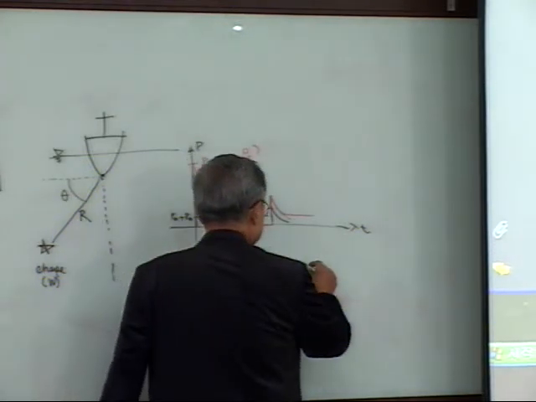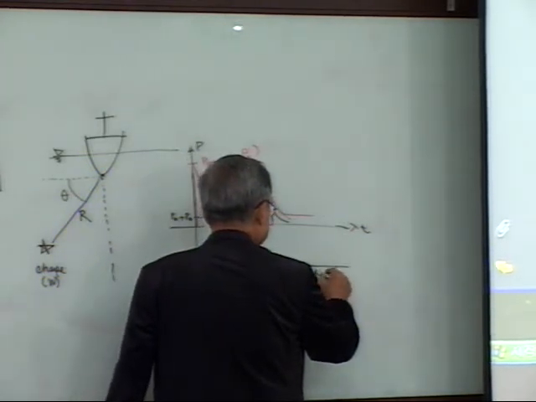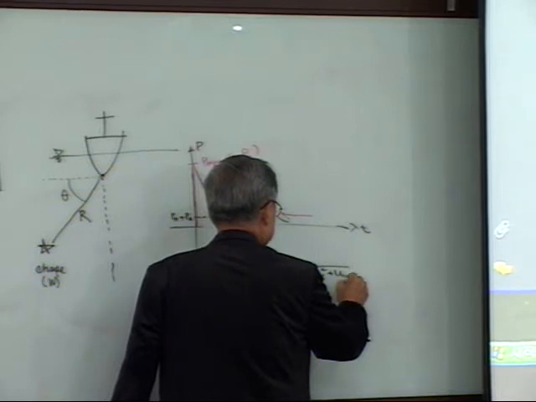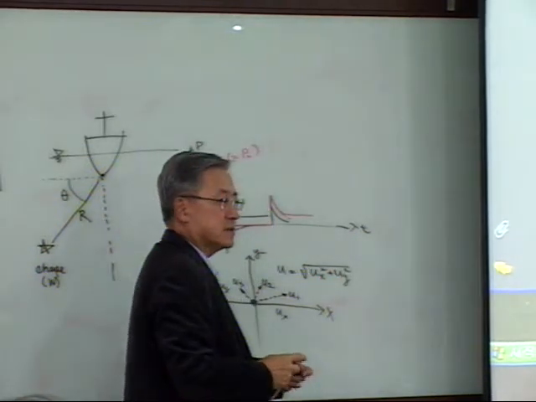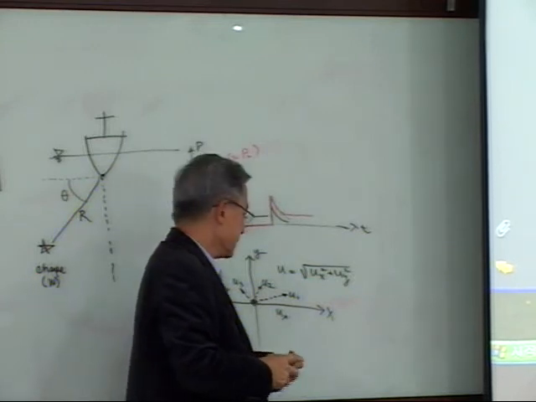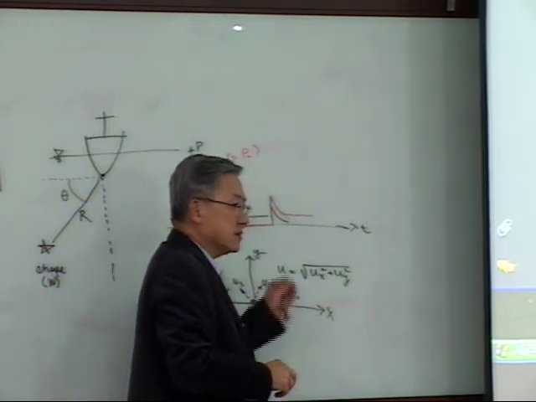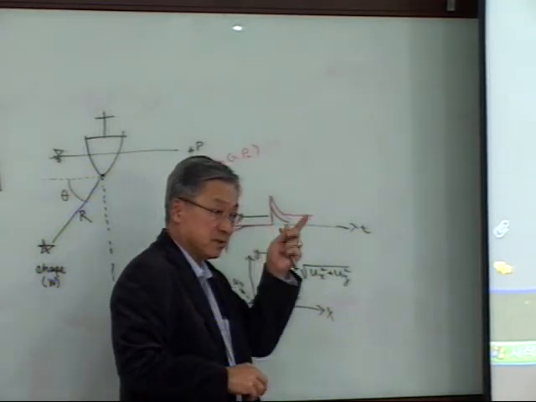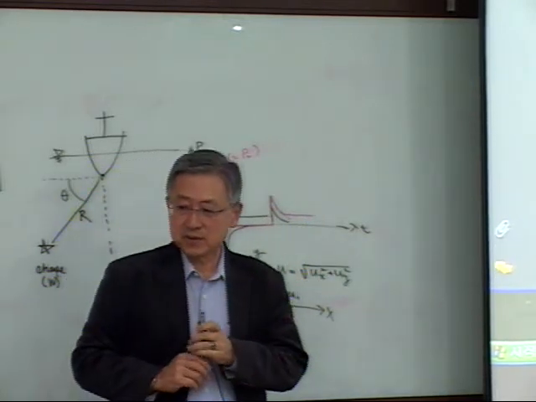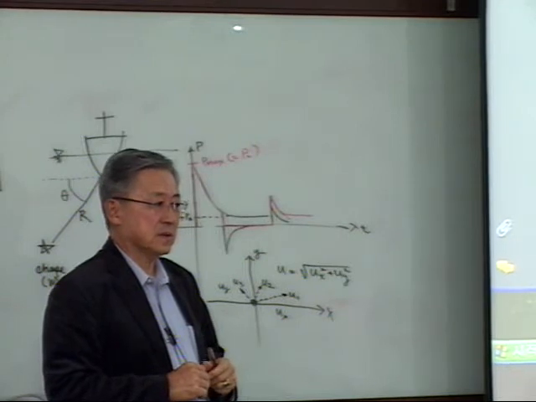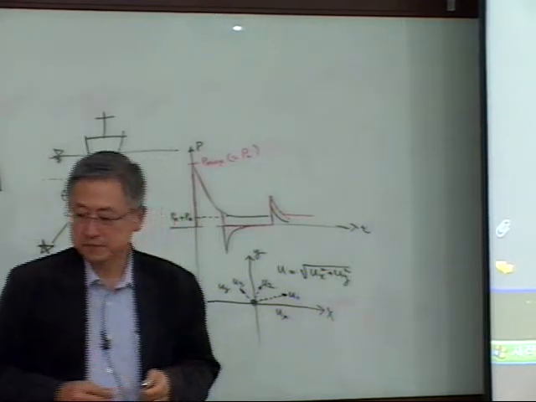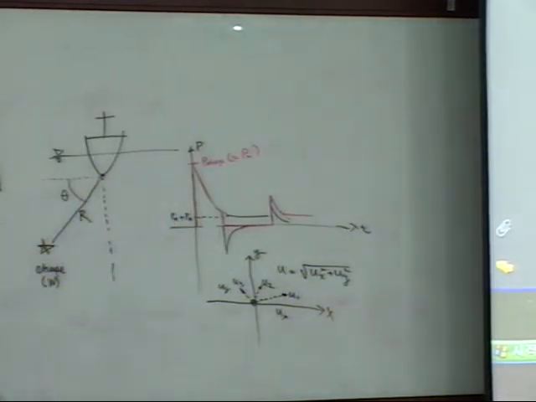So the resultant value is the square root of U X squared plus U Y squared, which is what the target experiences. You need to do that. This is for a vehicle underwater, like a submarine. This section is for that.